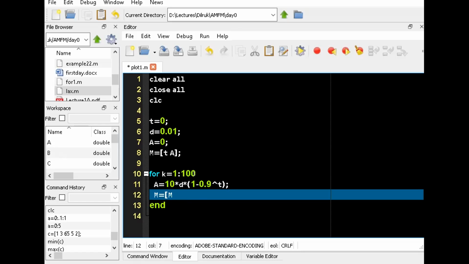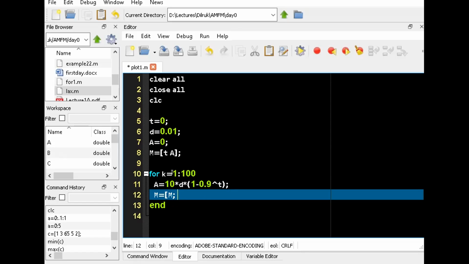So this is the first row, 0 0. Here 0 0, and include another row. Then I have to break the row and include the time.